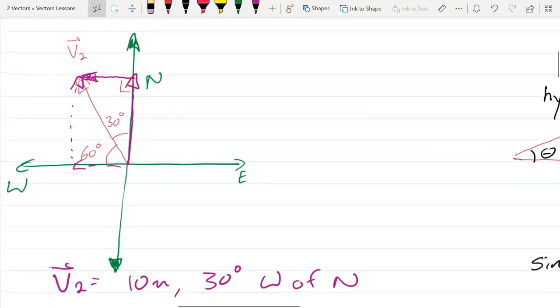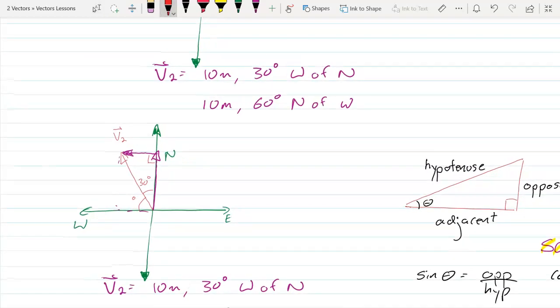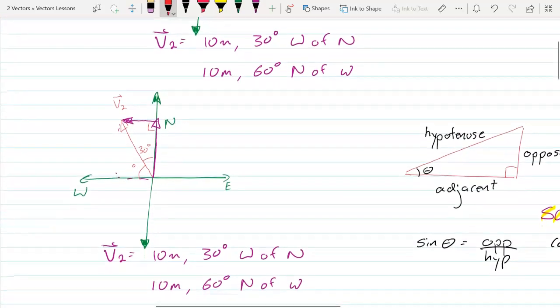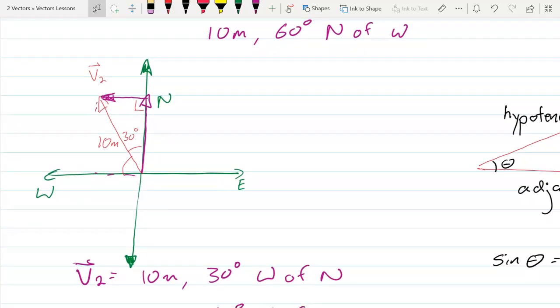So let's take a look at this triangle, and let's find the north and east components of this vector, which is 10 meters in length. I've got the hypotenuse here.